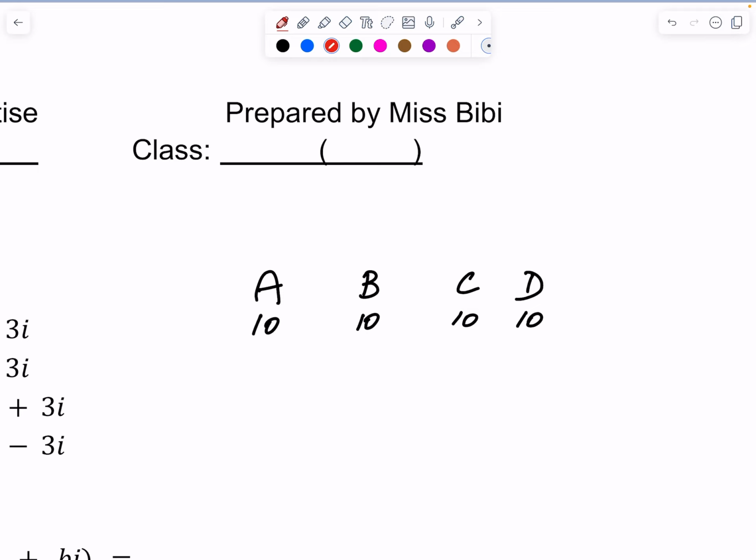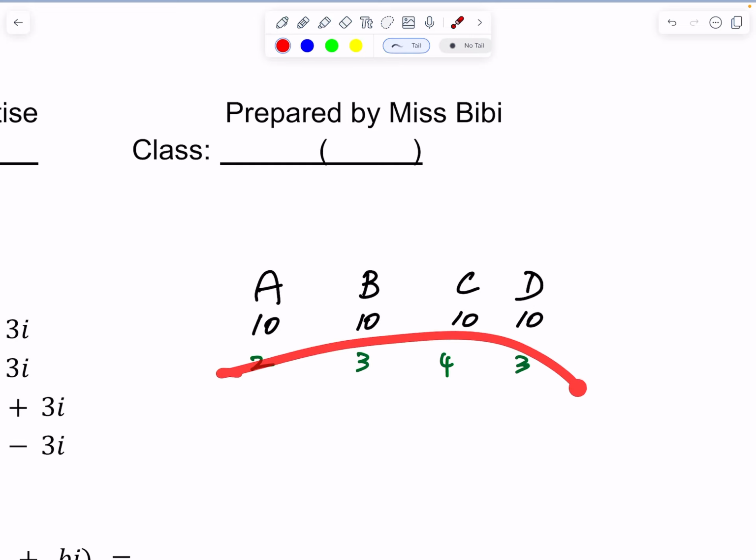After everything is done, you need to see which option you had the least. For example, I had 2, 3, 3, 2. I just know how to do this much, or maybe 3 here. Okay, 4 here. Maybe I just know how to do these 12 questions out of those 40.